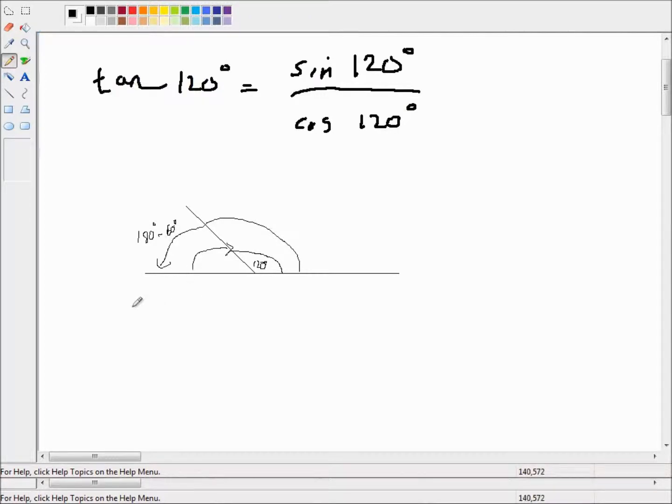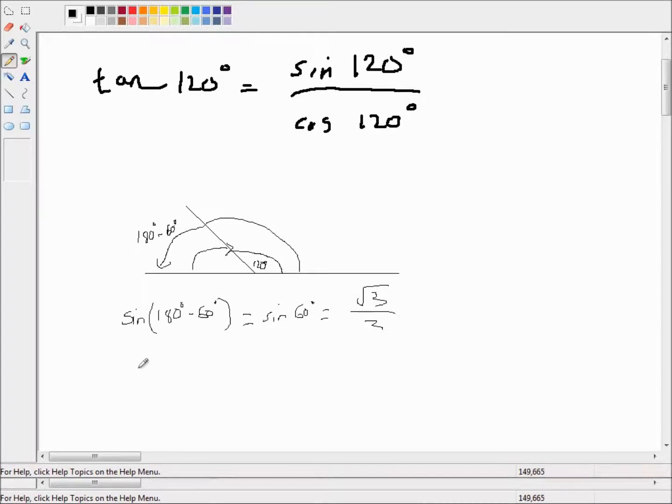And I know that the sine of 180 degrees minus 60 degrees is the same as the sine of 60 degrees. And I happen to know that the sine of 60 degrees is root 3 over 2 from our unit circle.